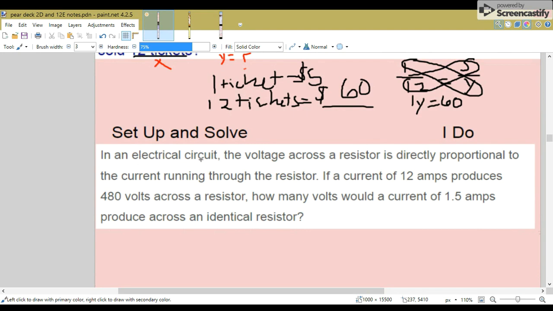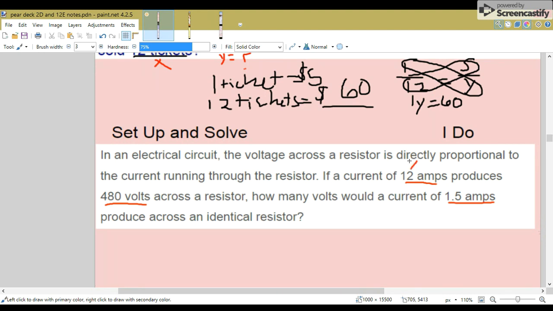In an electrical circuit, the voltage across the resistor is directly proportional to the current running through the resistor. If a current of 12 amps produces 480 volts across a resistor, how many volts would a current of 1.5 amps produce across an identical resistor?